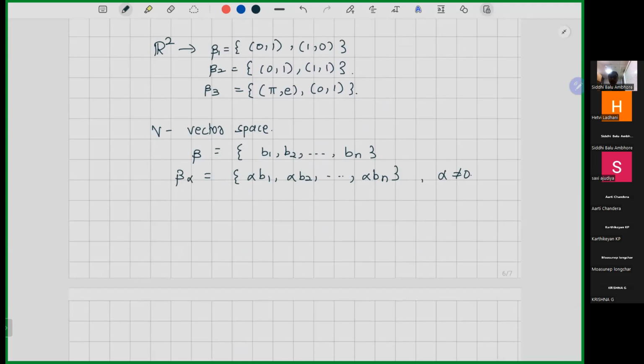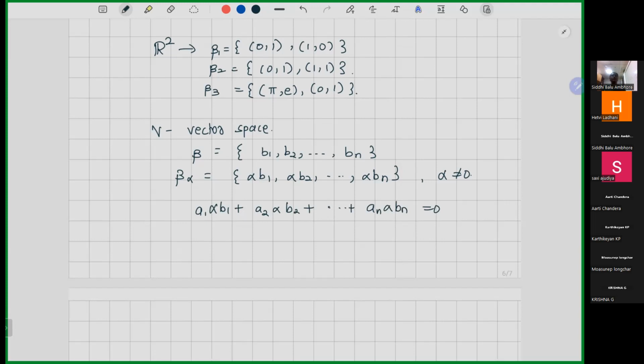And you can check clearly that this will be a linearly independent set, because if this beta prime has some linear combination like this, such that this is 0, then I multiply this by 1 over alpha, and I get my original basis beta.